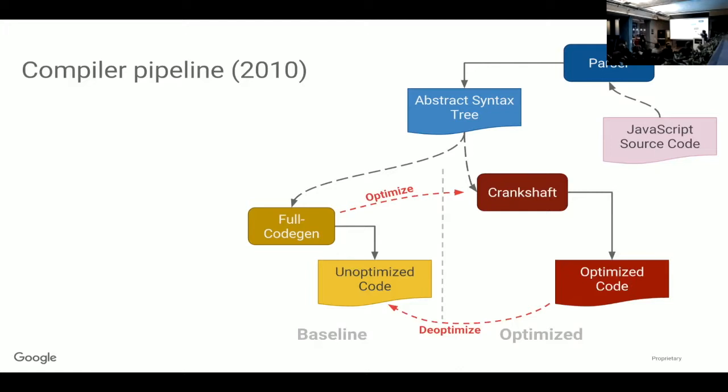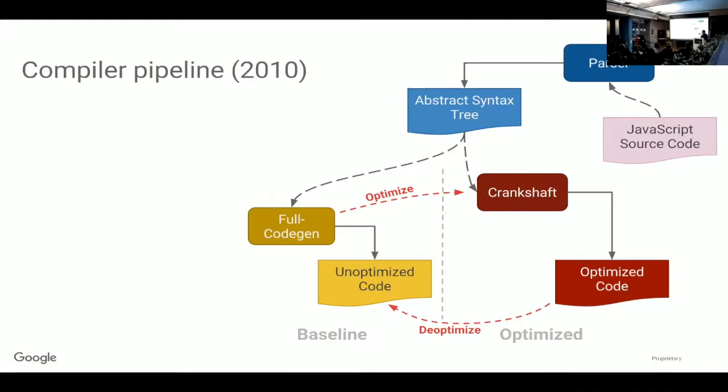So they created Crankshaft. It's an optimizer. Crankshaft used the AST, and whenever code was hit often enough, it got hot, and the full code gen gave it to Crankshaft.